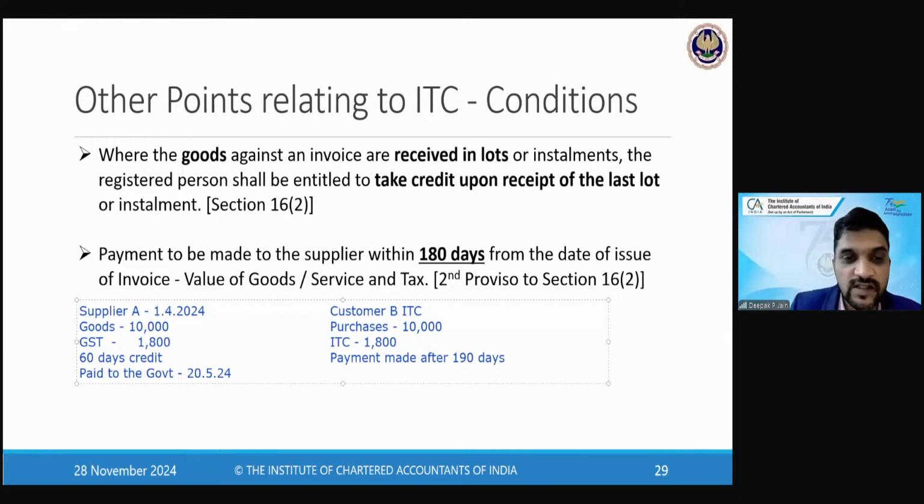The provision says that payment has to be made to the supplier within 180 days from the date of issue of invoice. April, approximately 180 days comes as April, May, June, July, August, September. By 30th September, he has to make the payment. Now he's made the payment in October, because 190 days will be 1st of October.